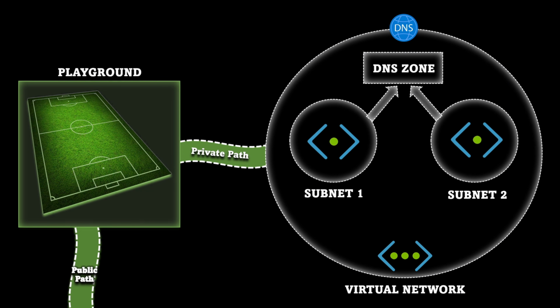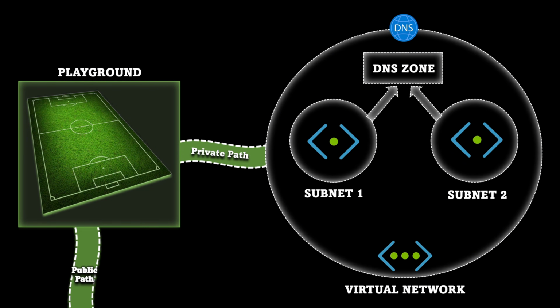When you type google.com in your browser, DNS takes that name, looks up the corresponding IP address, and then directs your request to the right server. In other words, DNS does the translation for you, so you only have to remember names, not numbers. The private DNS zone in Azure works in the same way, but it's used inside your private network.